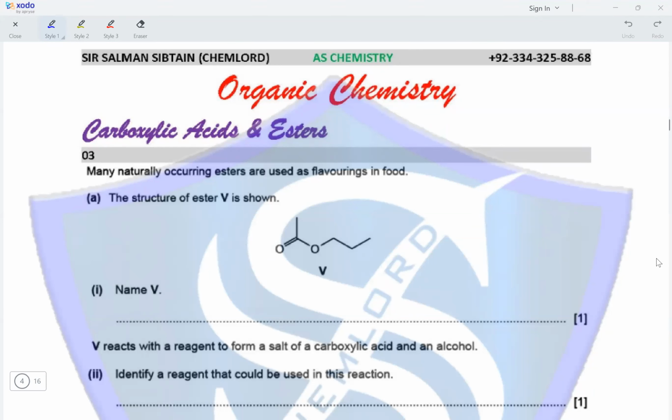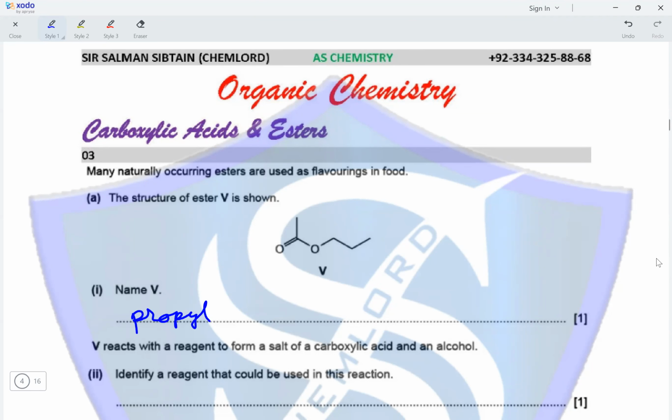Question 3. Many naturally occurring esters are used as flavorings in food. The structure of ester V is shown, and the name of this ester is asked: name V. In the alcohol portion, we've got one, two, three carbon atoms, so this is propyl.